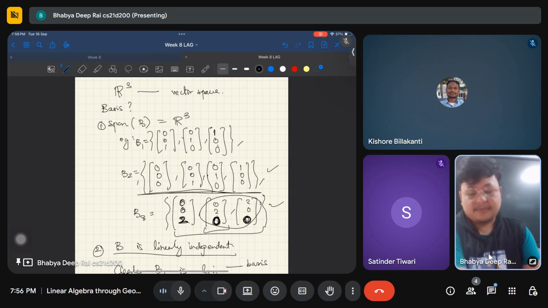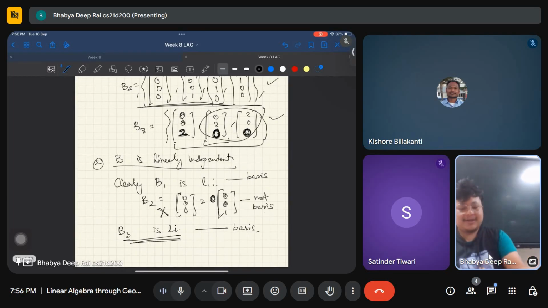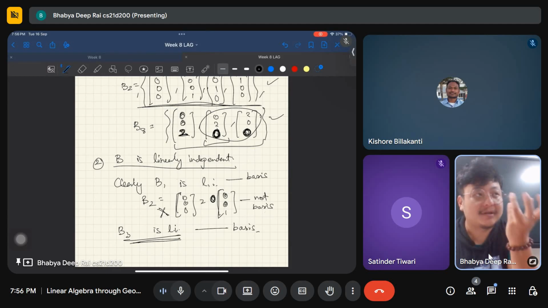Now, in layman's terms, what does it mean to be a basis? A basis can be thought of as the smallest set that represents the entire vector space. So in a sense, a basis is like a blueprint.